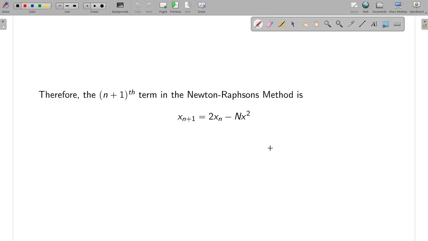So the (n+1)th term in the Newton-Raphson method would simply turn out to be x_{n+1} equals 2 times x_n minus n times x_n square. This is x_n square. So this is the formula which you have for finding the reciprocal of an integer.